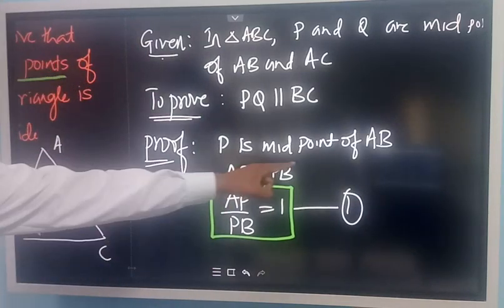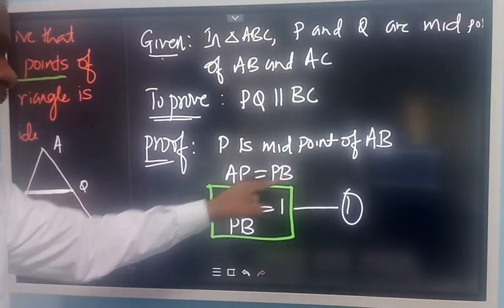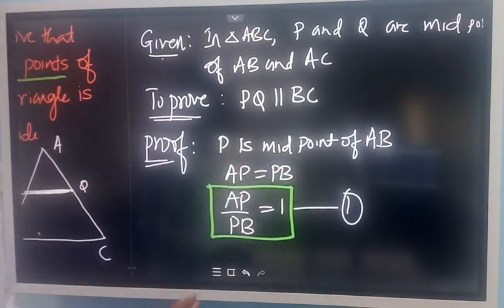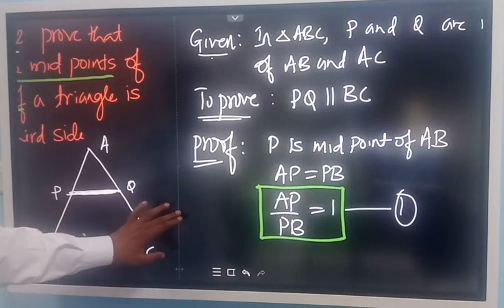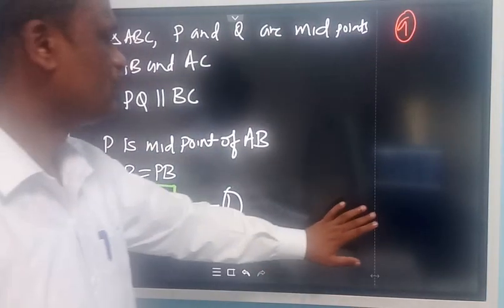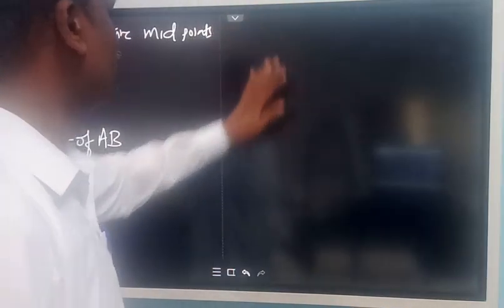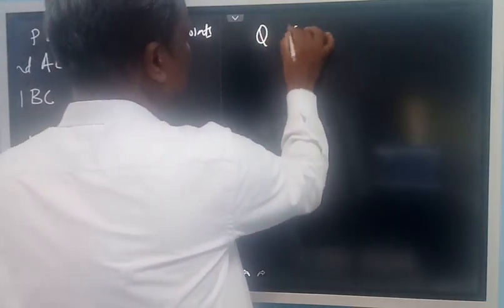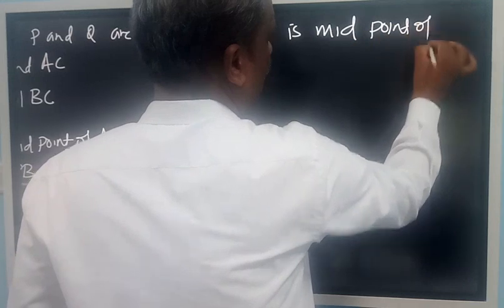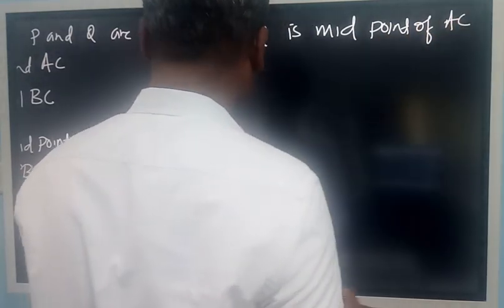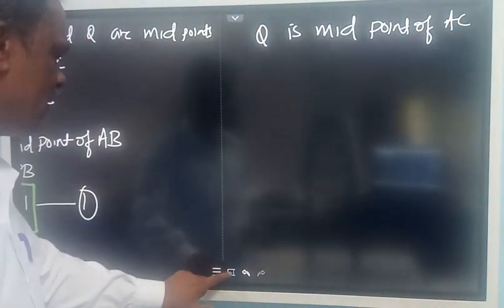Since P is the midpoint of AB, AP will be equal to PB. Transfer to the denominator, here it will be 1. Otherwise if you transfer you will get the same thing. So now again Q is the midpoint of AC. Same thing we will do here. If Q is midpoint of AC, look at the diagram.